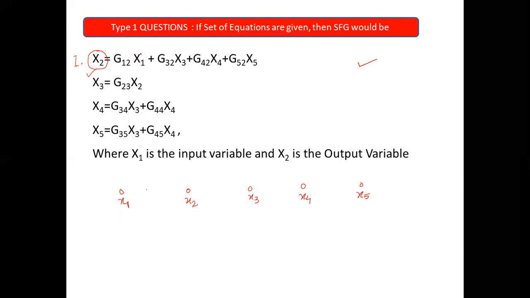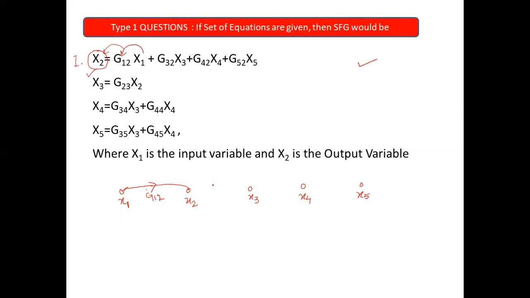There is a signal coming from x1 which is getting multiplied by g12 and we are getting x2. So we will draw this: there is a signal which is coming from x1 and it is going to x2.